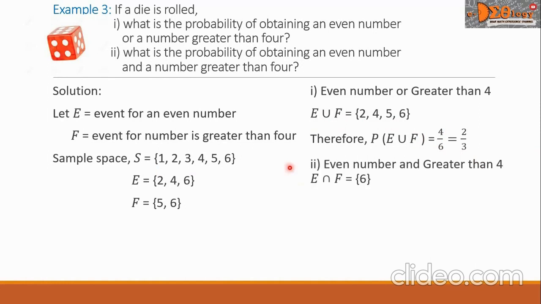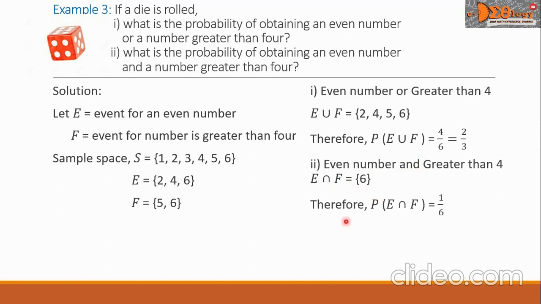Let us answer the second problem, and that is even number and greater than 4. So we write E intersect F. Take note that this word "and" here denotes intersection of events. So this is equal to the set with element 6.